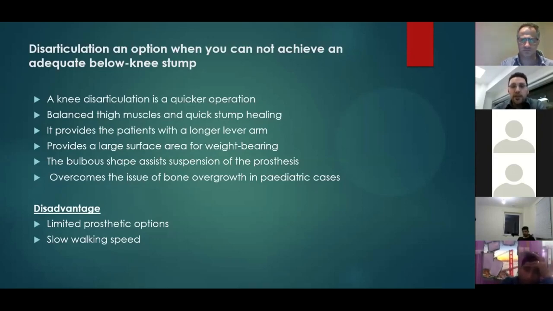Generally speaking, the stump heals quicker. It provides the patient with a longer lever arm when you compare it to above knee amputation. It also provides a large surface area for weight bearing, and the bulbous shape of the stump assists to suspend the prosthesis. It's also a feasible option in children because it overcomes the issue of bone overgrowth if you consider transosseous amputation.